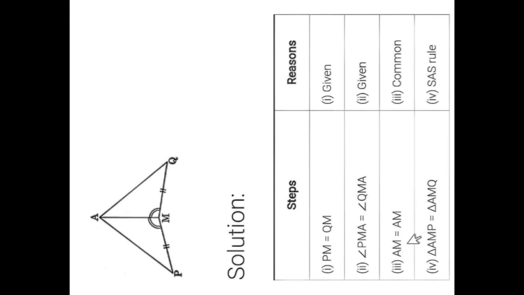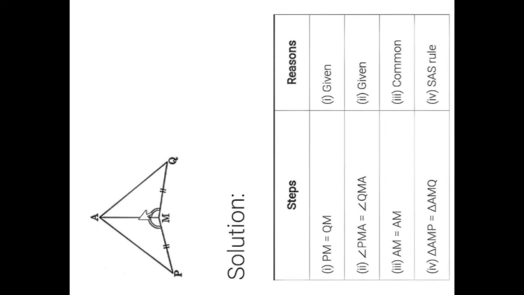Now AM equal to AM. For this triangle also AM is there, for this triangle also AM is there. So AM equal to AM, that is a common line segment. And triangle AMP is congruent to triangle AMQ, that is the SAS rule.